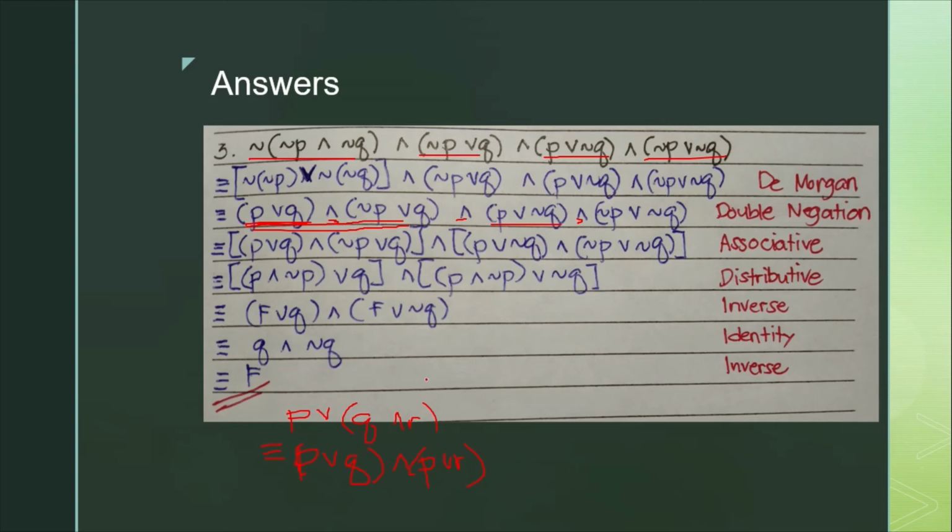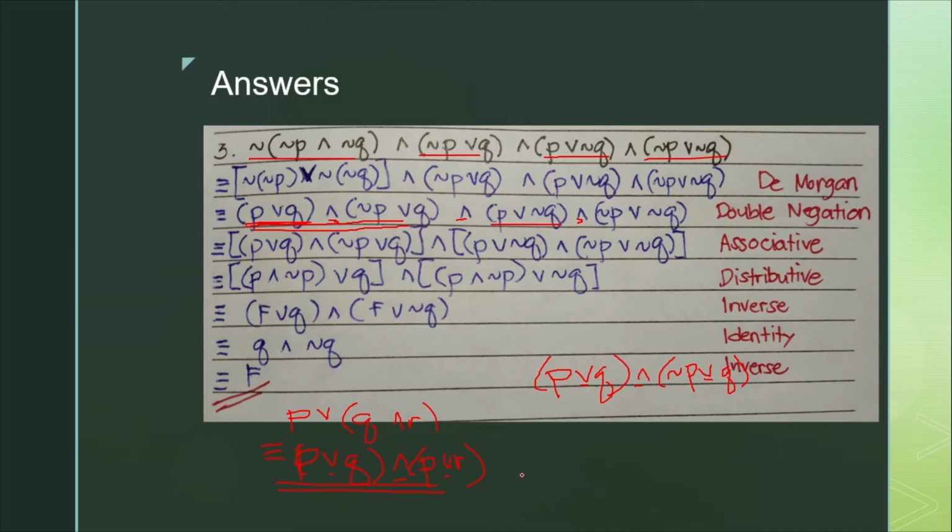Now, here you have (P or Q) and (not P or Q). In this lower part, you have not, or, and, or. They have the same connectives, right?